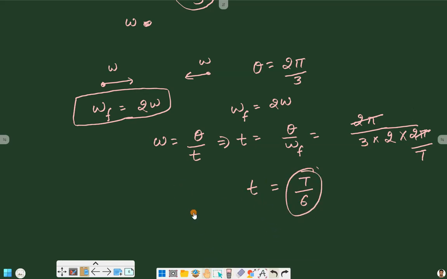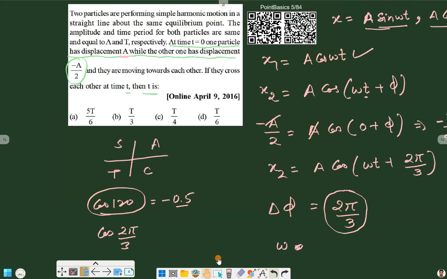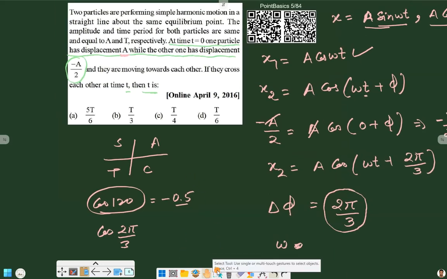And now we can match our answer. It will be equal to option D. So option D is the right answer here.